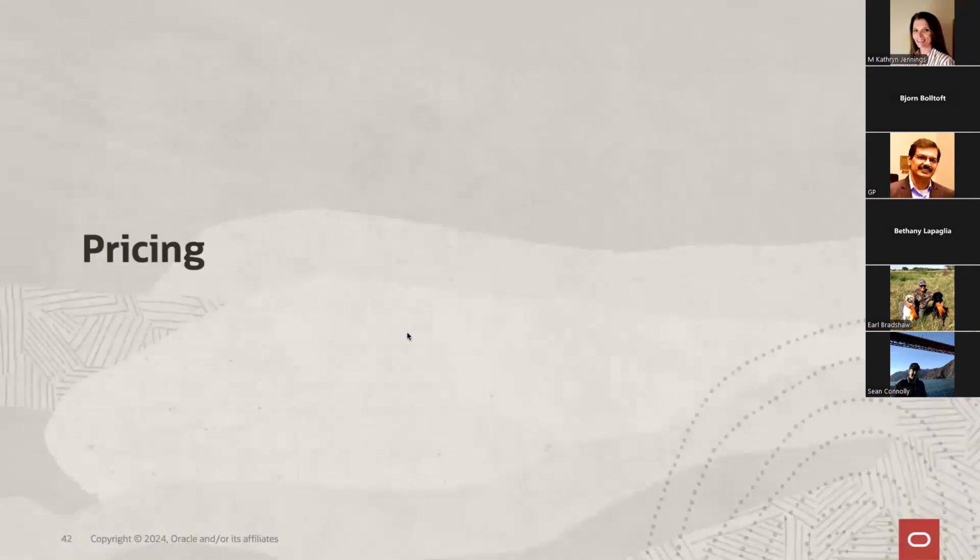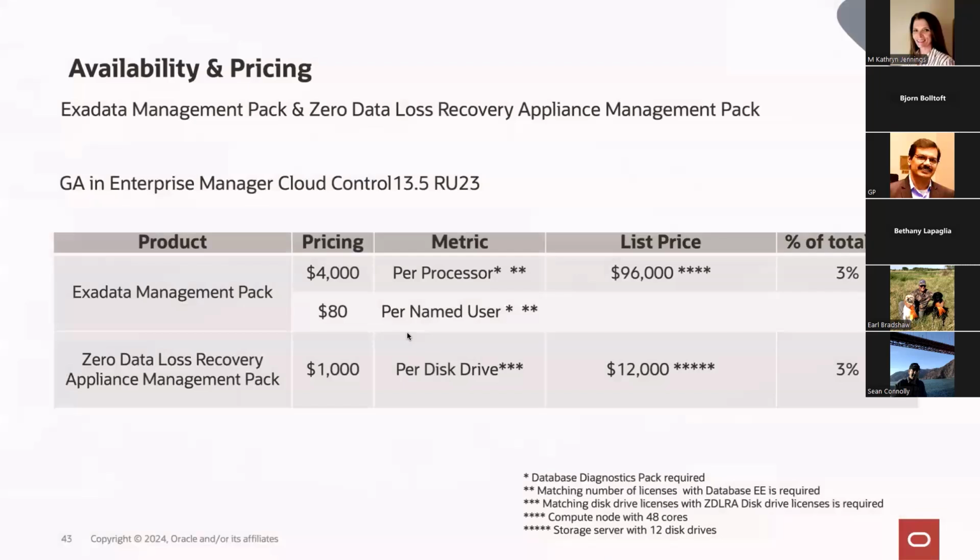So now let's talk a little about, it is also coming with a price tag. These prices are the list prices that we have for the packs, if you go to the price list. We deliver this functionality in RU23, so it is out. You can download RU23. You add the packs, or it will be automatically added.